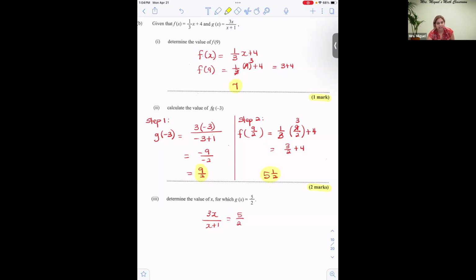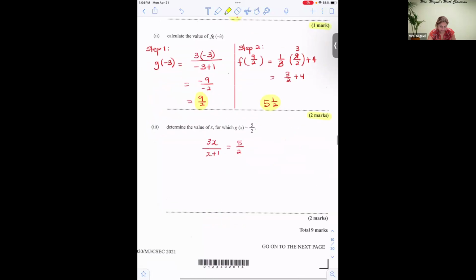Right? And last but not least, determine the value of x for when g of x is 5 over 2. So this you can simply cross multiply. So 3x by 2 is 5 by x plus 1. 6x is equal to 5x plus 5.